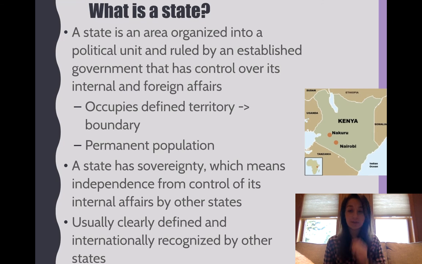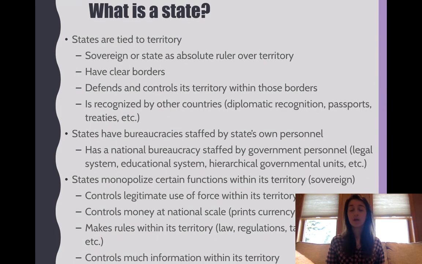My example here of a state is the state of Kenya. Kenya has very clearly defined borders that are also recognized by Tanzania, Sudan, Uganda, Ethiopia, and Somalia. Okay, so I want you guys to come up with your own example of a state and write it down in your notes.